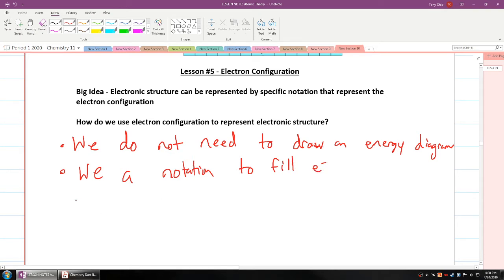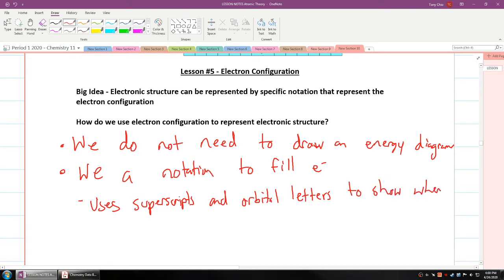And this notation uses superscripts and orbital letters to show where electrons reside.